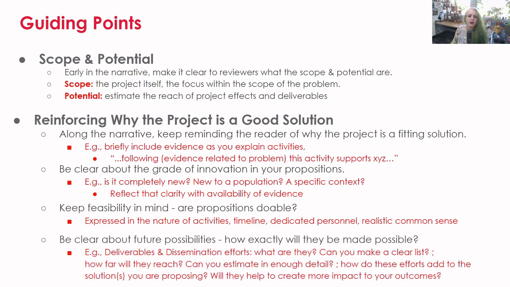And then finally, be very clear about future possibilities. This ties to this idea that we were talking about of disclosing the potential and articulating the potential. And the idea is that when you do that, try to be as precise as possible. Try to bring in a very clear idea of how exactly that future looks like. Is it something you're going to work on, for example, online? Are you going to have some online webinars every couple of months where you're going to bring the community together around the findings?